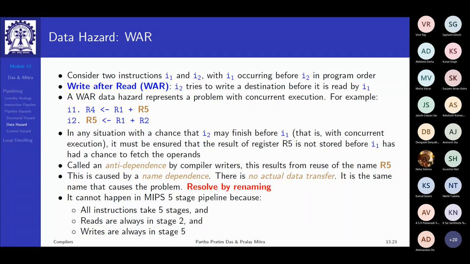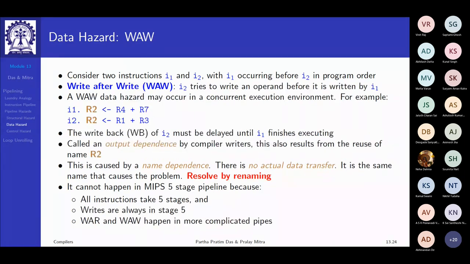But there could be other pipelines where this kind of problem can come. Similarly, for WAW, it is not possible to have it in the MIPS 5-stage pipeline because the writes are always in stage 5. So the write of I2 will happen after the write of I1, even in the 5-stage pipeline case. So the basic requirement of sequentiality will be maintained. But there may be more complicated pipes where these cases will need to be handled.